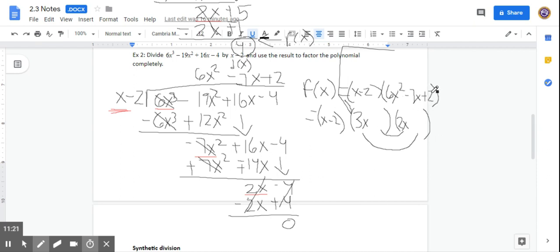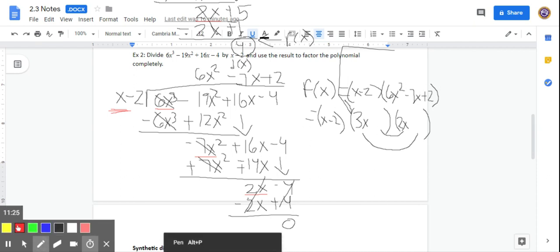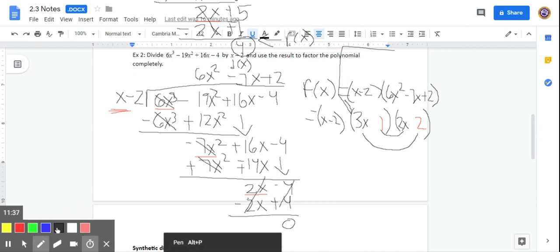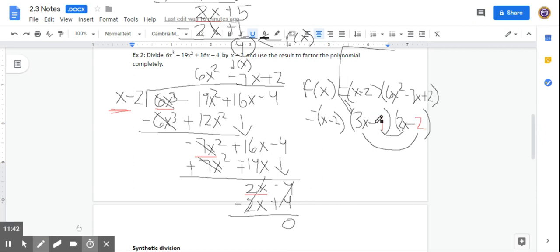So we want factors of 2. So that would be 2 and 1. Let's just try out 2 and 1. Because this is a minus and this is a plus, so we're adding to a negative, multiplying to a positive, we know that the sign is going to be a double negative for both. So here we have 3x minus 1 and 2x minus 2.